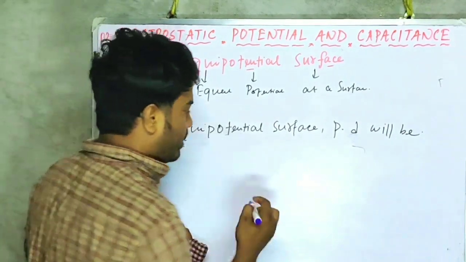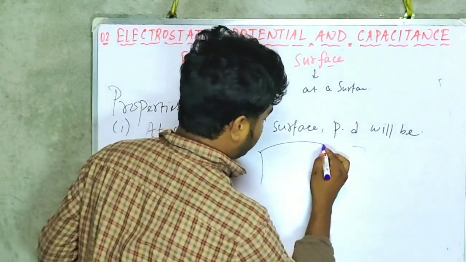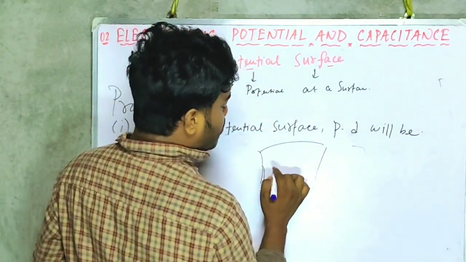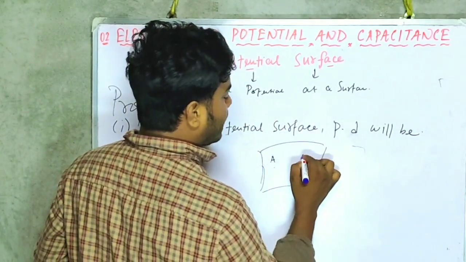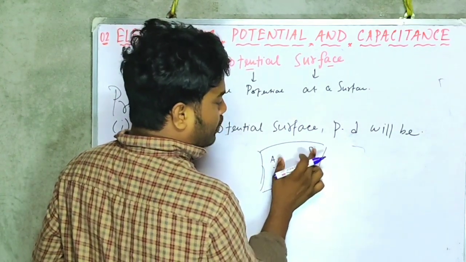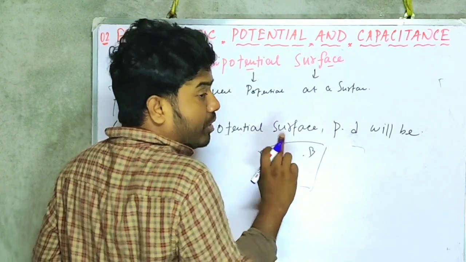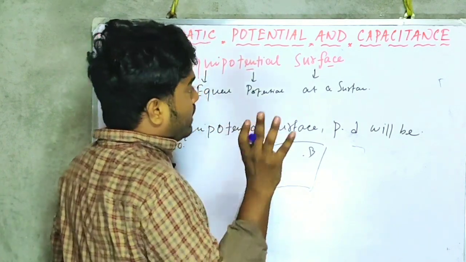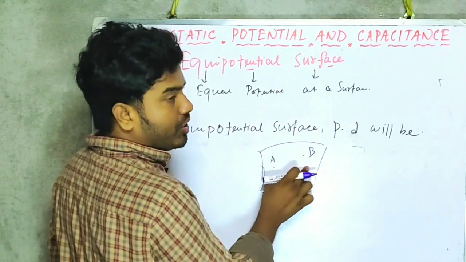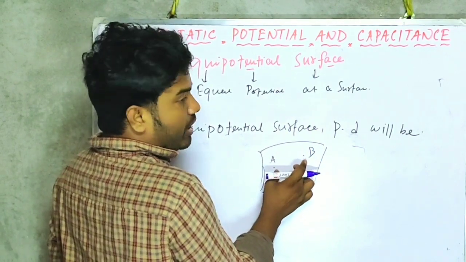Question is why? Consider this surface as an equipotential surface, and take two points here, point A and here point B. Both points A and B lie on the equipotential surface, and we know the definition: at every point on the surface the potential value is the same. So what will be the potential difference?